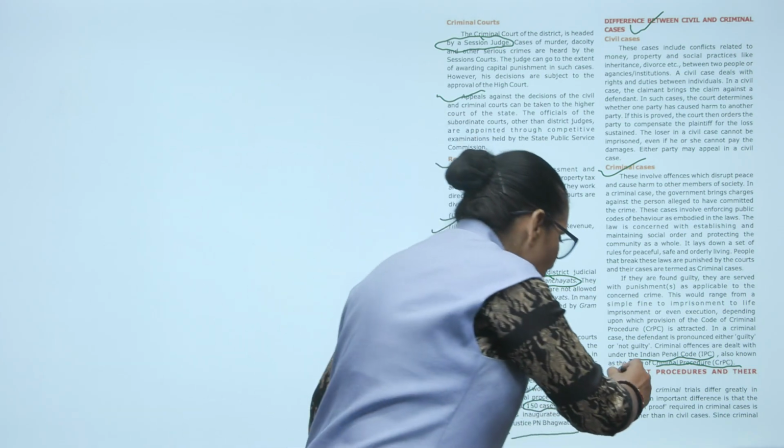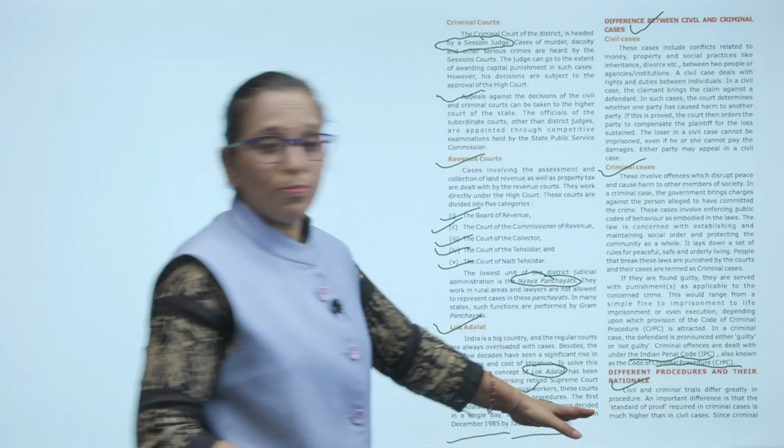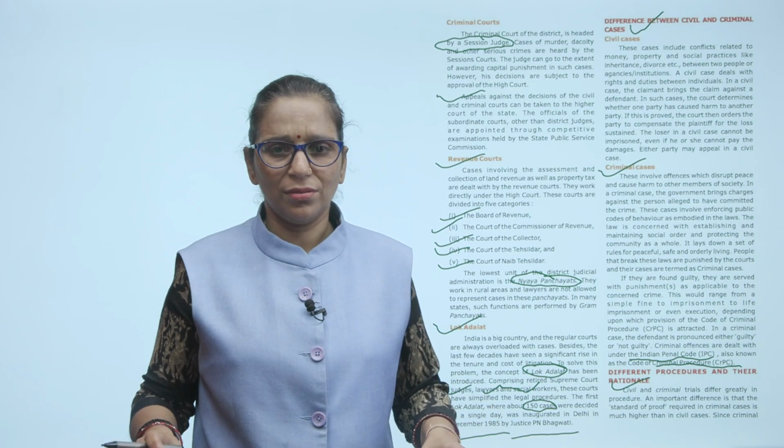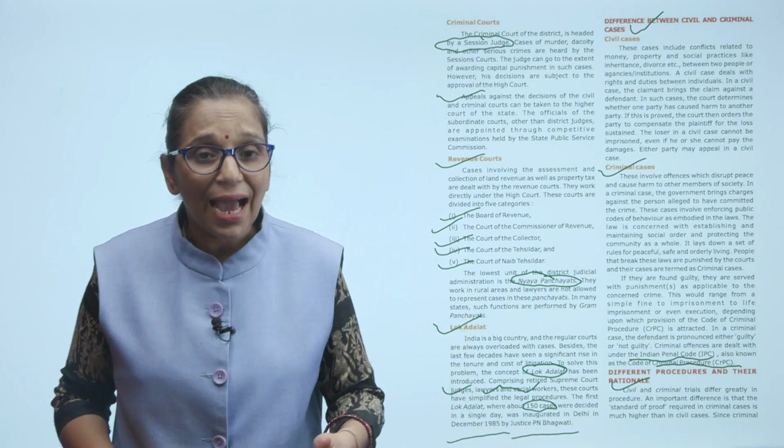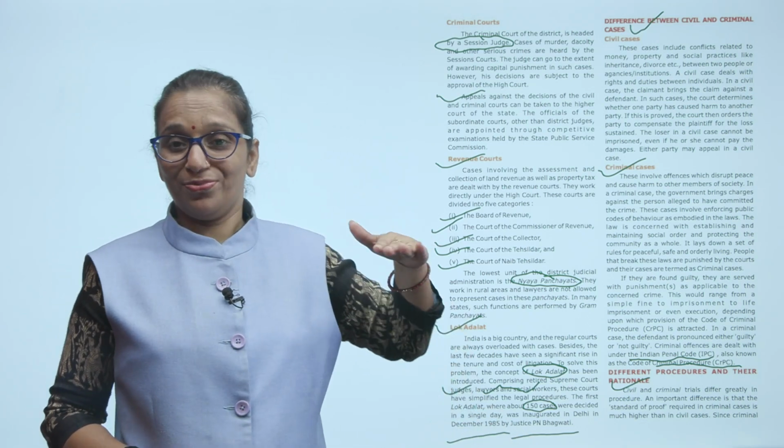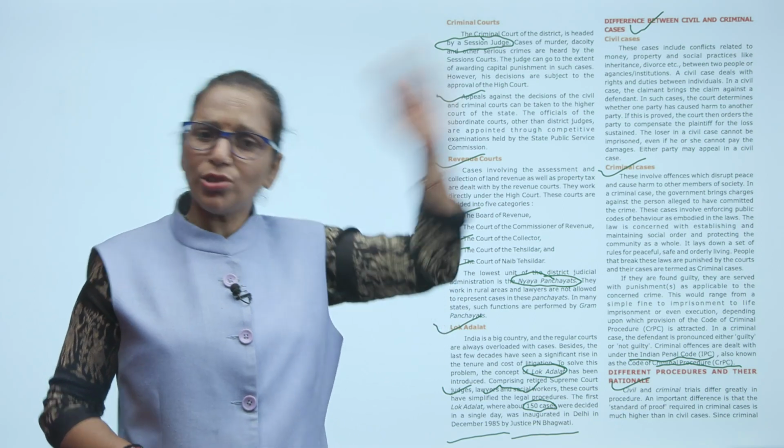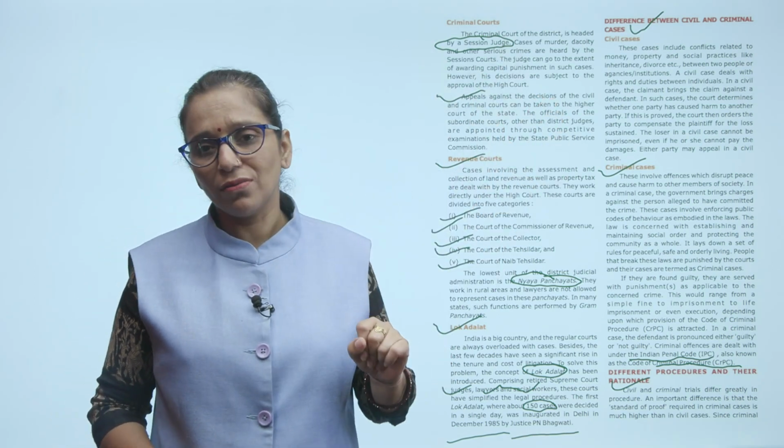Civil and criminal trials differ greatly in procedure. They are very, very different. An important difference is that the standard of proof required in criminal cases is much higher as compared to civil cases.